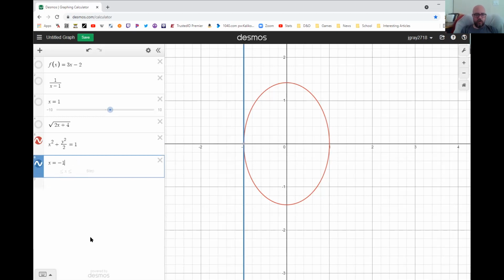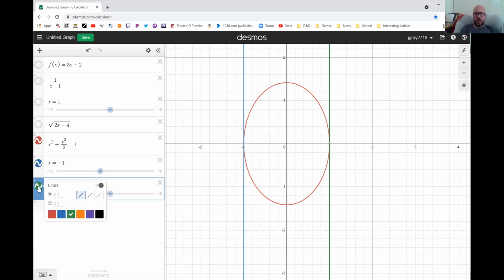So there's my bounding box. So my domain is all the x's that are between -1 and 1. Everything between -1 and 1, I get outputs, and everything outside of that, I don't. Same thing for the y's.